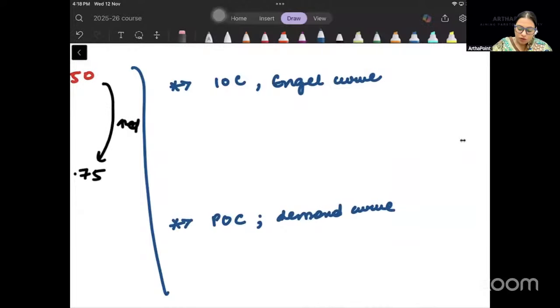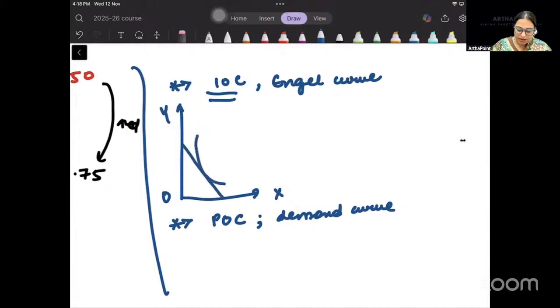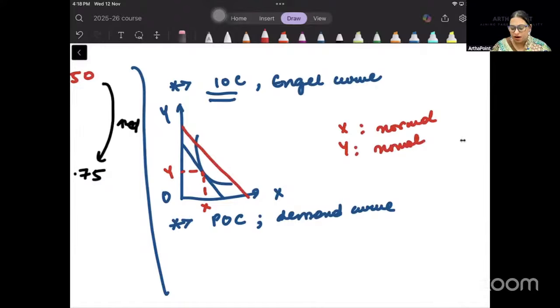So IOC will show what? It will be in the XY domain. Okay, income was this much, demand was this much. Now if X is a normal good, Y is a normal good, so when my income increases, the demand of X will increase, demand of Y will increase.